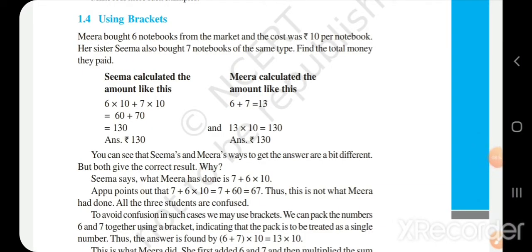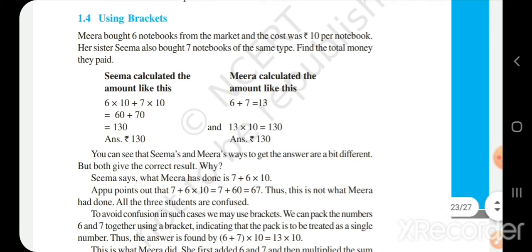Next is using brackets. Meera bought 6 notebooks from the market and the cost was rupees 10 per notebook. Her sister Seema also bought 7 notebooks of the same type. Find the total money they paid.